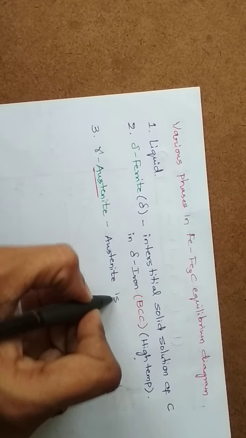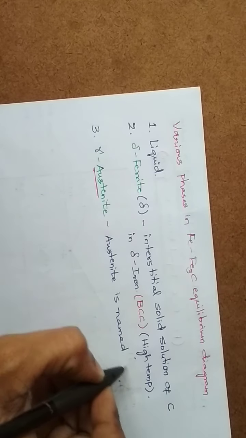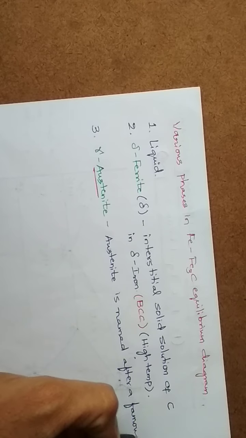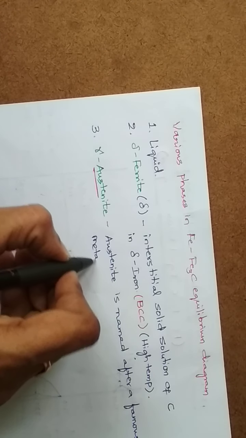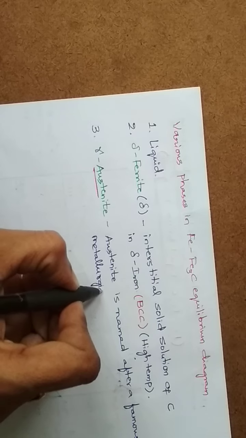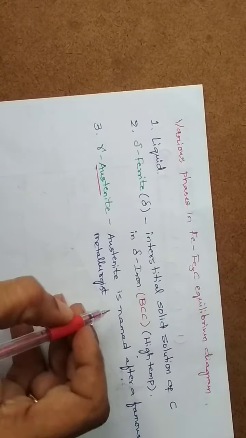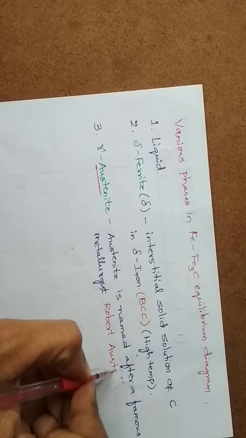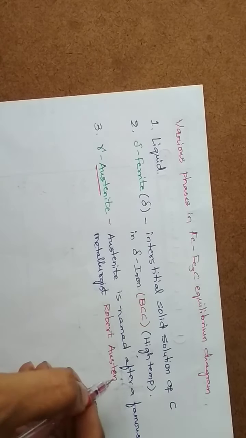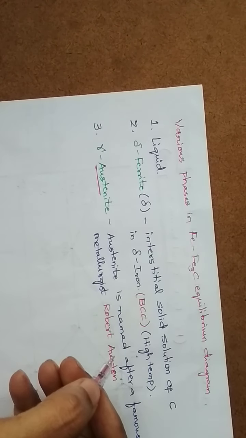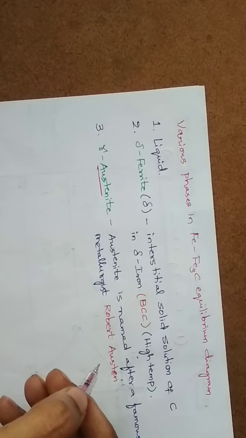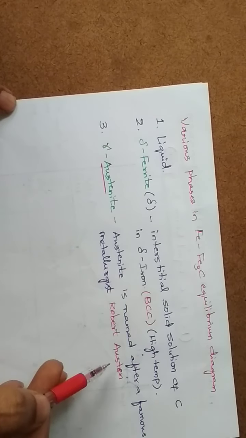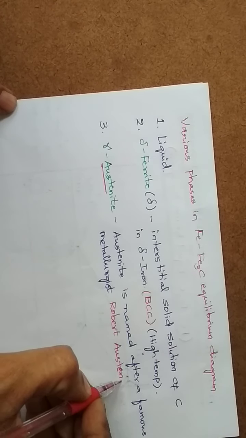Austenite is named after a famous metallurgist, and his name was Robert Austen, and he was the first person to study the iron carbon phase diagram. So in his honor, this particular phase, gamma iron, is named after Robert Austen, and this phase is called austenite.